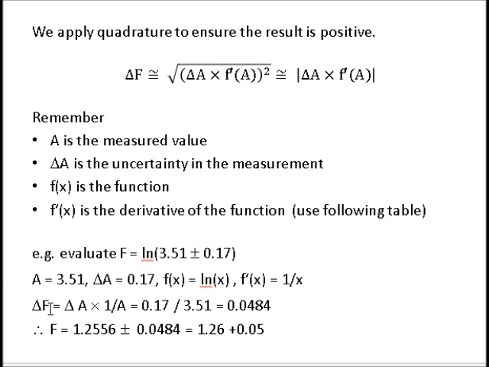So delta f is the uncertainty in A times 1 over A, right? So that's 0.17 over 3.51, this number right here. So my result, the natural log of 3.51, is this number, plus or minus 0.0484. This starts with a 4, so we round this to 5, and we round this number to 1.26.